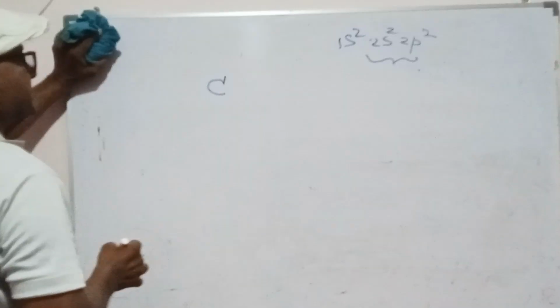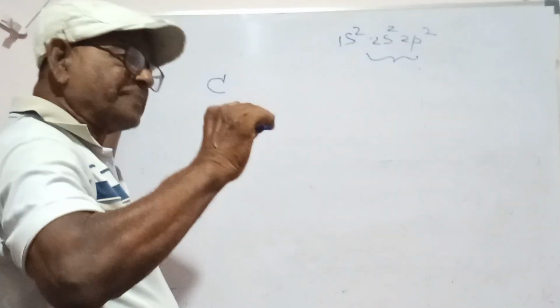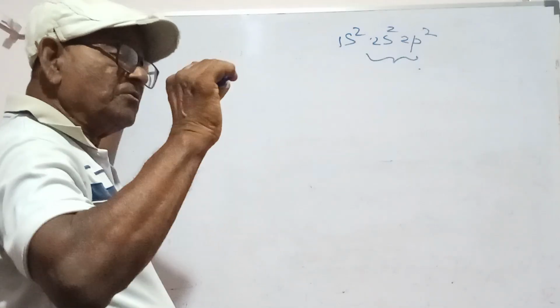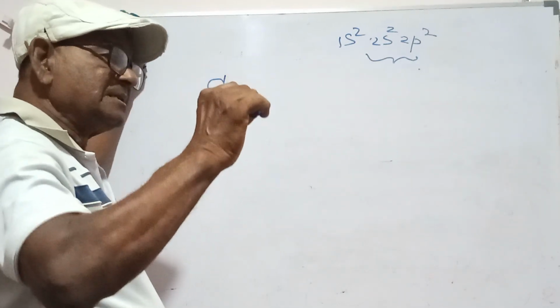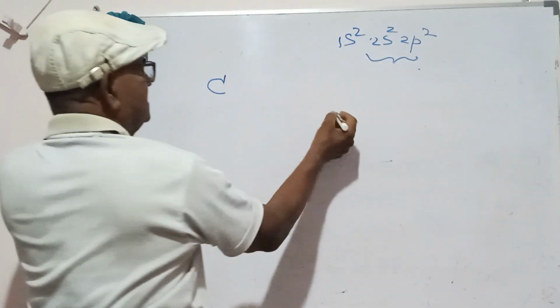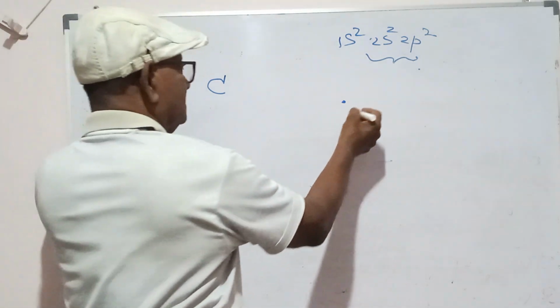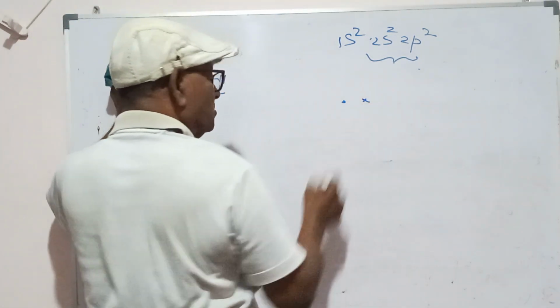For the representation, we represent an electron by a dot or cross.